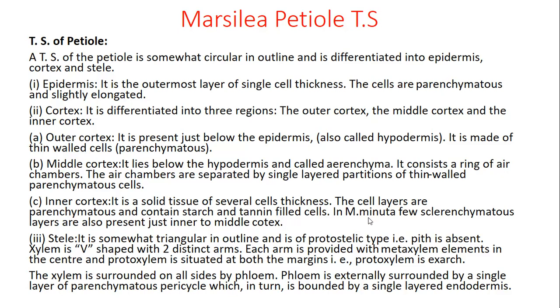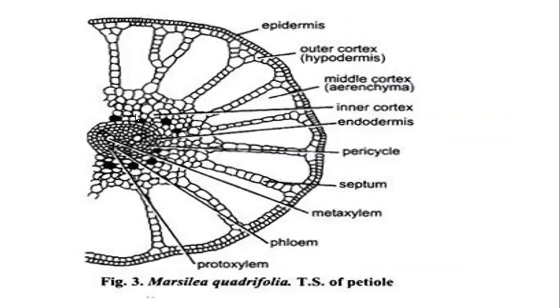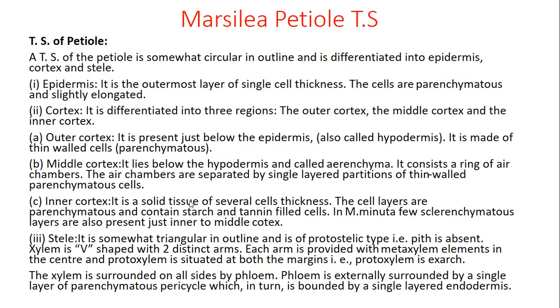In the species called Marselia minuta, some few parenchymatous layers are also present just inner to the middle cortex. So this is the inner region, which is going to store the tannins as well as the starch.